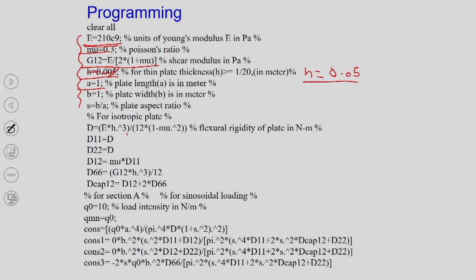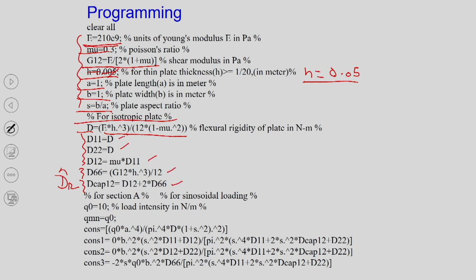Then the length of the plate, the width of the plate, and the aspect ratio b by a. Sometimes you may use that. Now for an isotropic plate, D is the evaluated bending stiffness. Now D11, D12, D22, D66, D cap, basically like this you can evaluate.